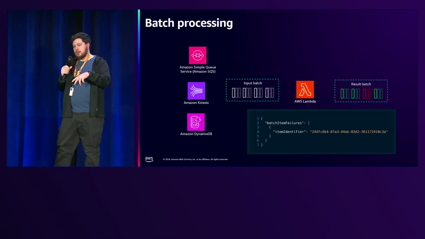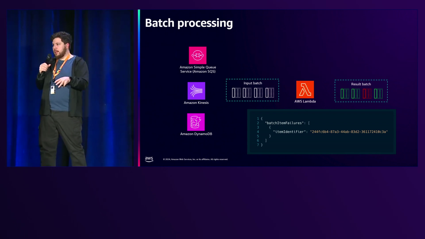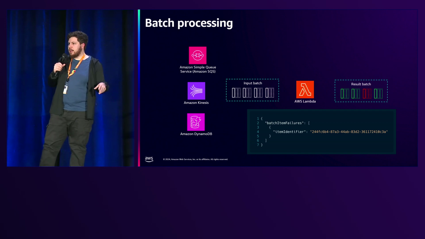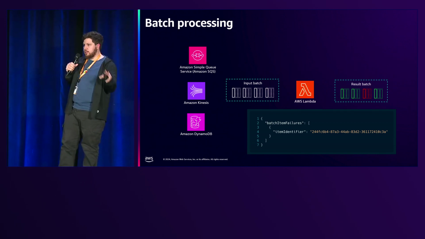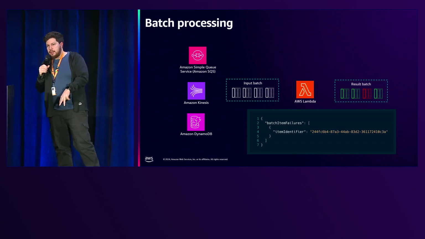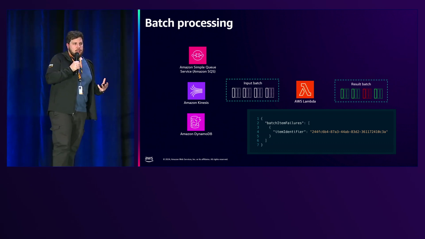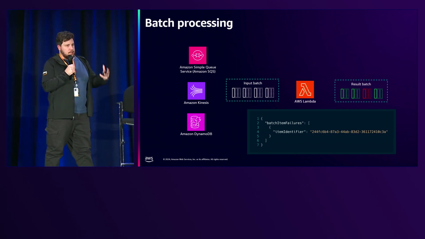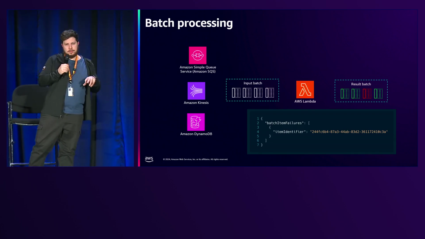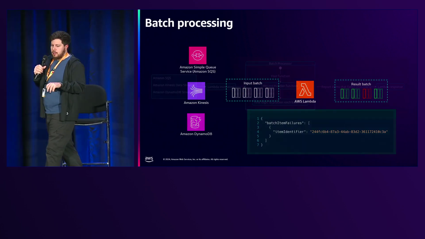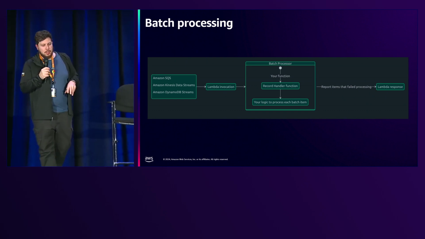But those that failed, you need to put back, and they go through the entire retry process. And if they exhaust the retries, they go into a dead letter queue and so on. But essentially, the idea is that you don't want to reprocess things that were already processed successfully. You want to do this smartly and only process things that failed.